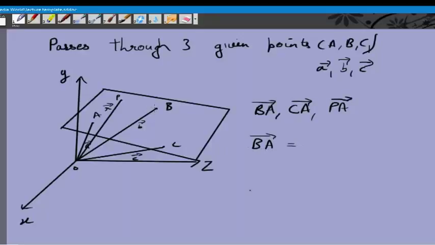That is this vector, so this is the BA vector, that is A minus B. Similarly CA is this vector that can be written as A minus C.